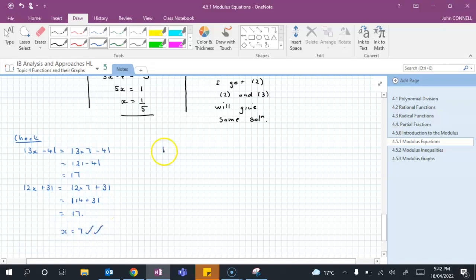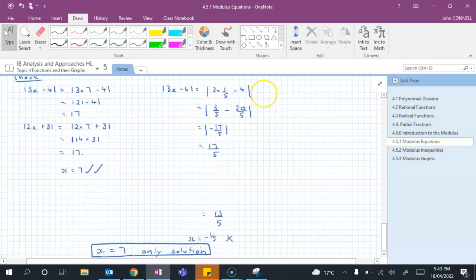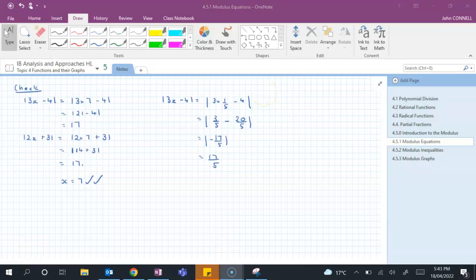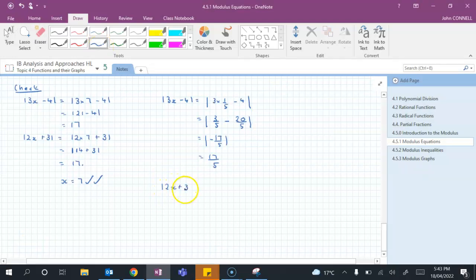What about 1/5? Well, the modulus of 3x take 4 will be the modulus of 3 by 1 on 5 take 4, which is the modulus of 3 on 5 take 4. Now 4 is 20 on 5, so that will give me minus 17 on 5. And the modulus of that will be positive 17 on 5. Okay, the modulus of 2x plus 3 when x is 1 on 5.